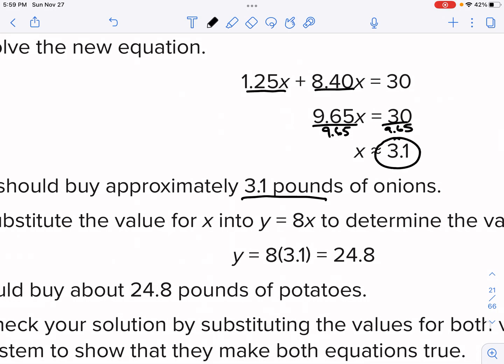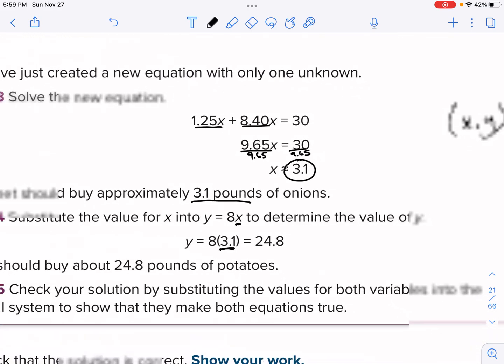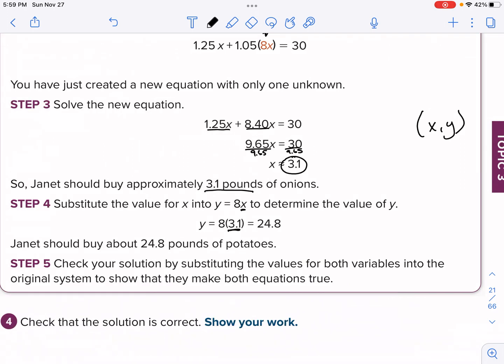This 3.1 goes here for x. If you multiply that, it is 24.8. So this means it's 24 and 8/10 of a pound of potatoes. So this does give us our answer.